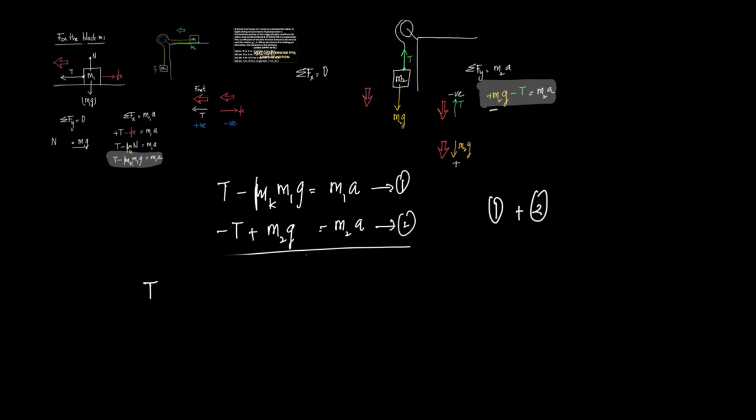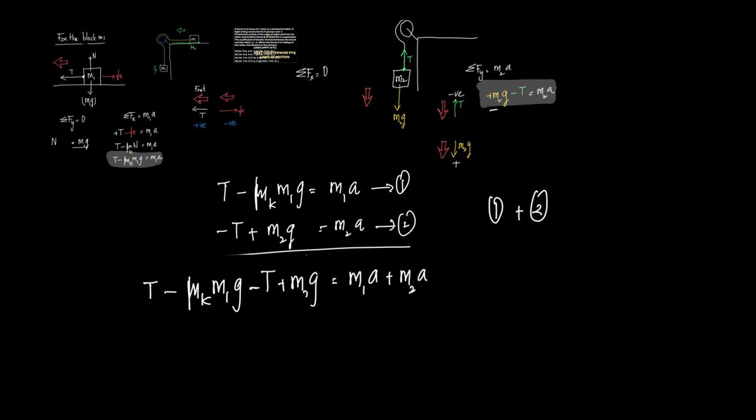So what do we get? T minus mu k into m1g, plus into minus is minus T plus m2g is equal to m1a plus m2a.